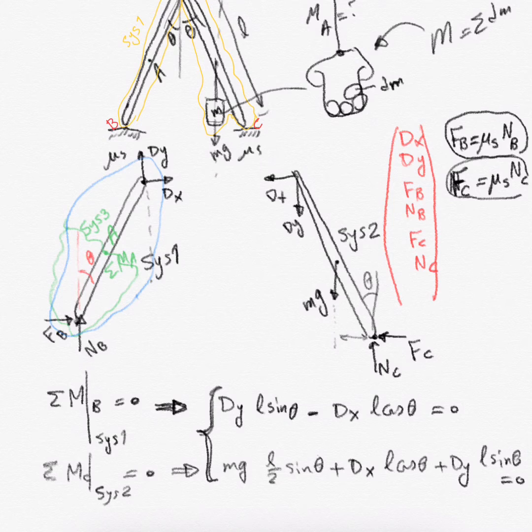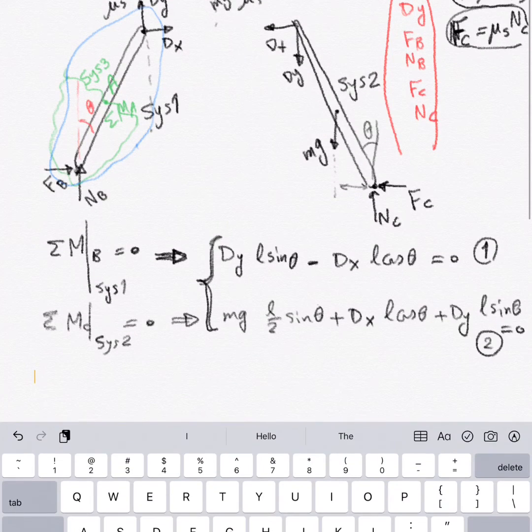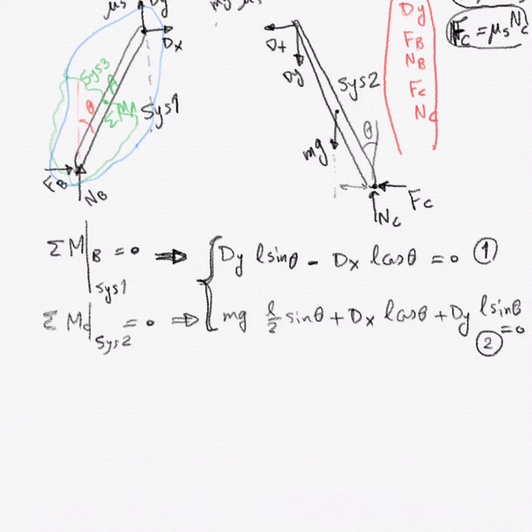Again, I don't need the keyboard, let's put it back here on the left. So let's solve these two equations. If I solve equation 1, then I get dy L sine theta is equal to dx L cosine theta.